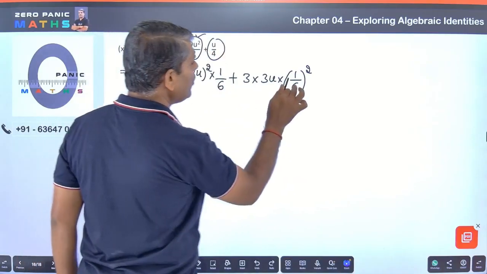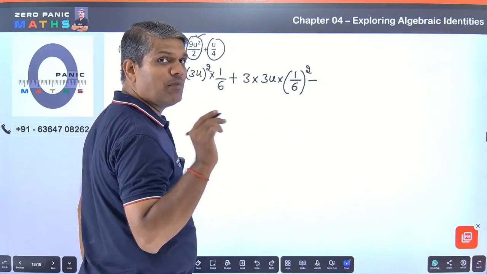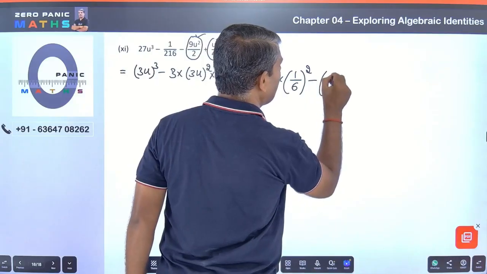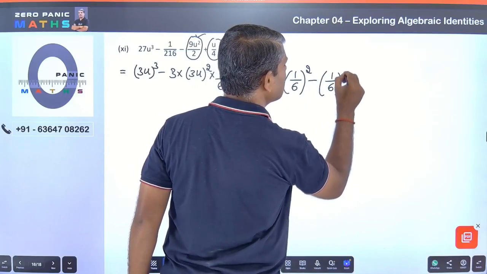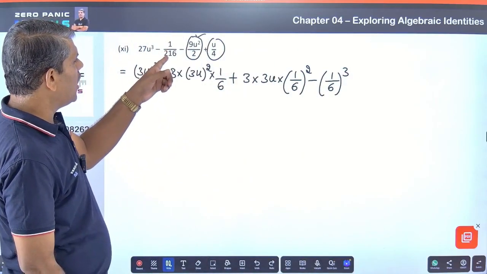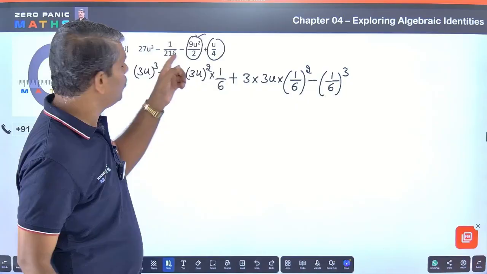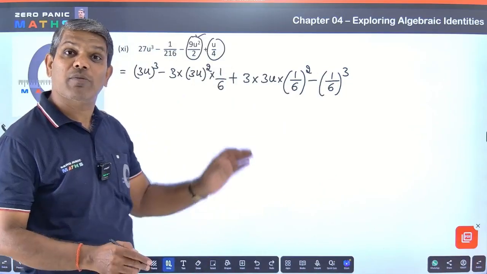Now you can simply think that 1 by 6 is the b value for us, so I can directly write this as 1 by 6 whole cube with minus symbol, and that term matches with 1 by 216, that is 1 by 6 whole cube.